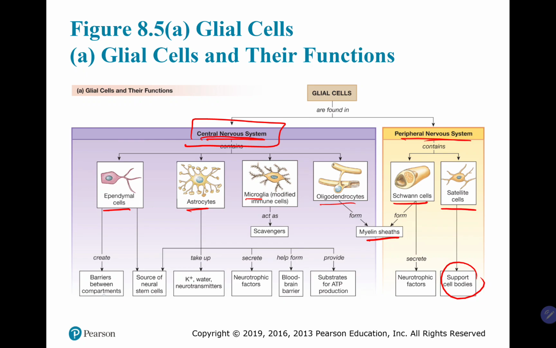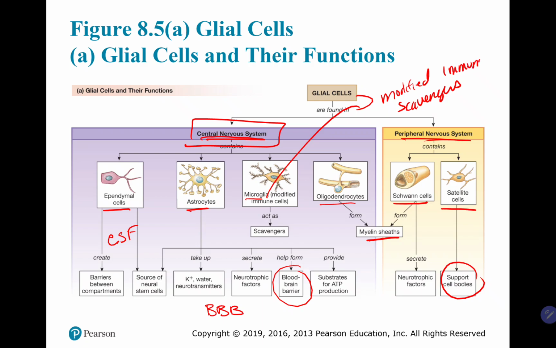Ependymal cells make up the cerebrospinal fluid. Astrocytes, right, they're going to make up the blood-brain barrier, which we can see right there. Microglia, remember we talked about these, are those modified scavengers, those modified immune cells, because these are basically macrophages.